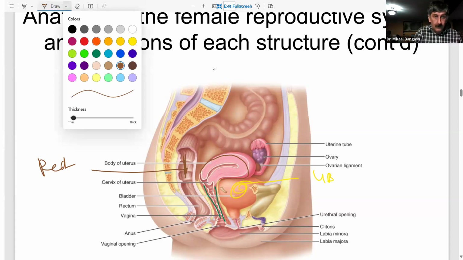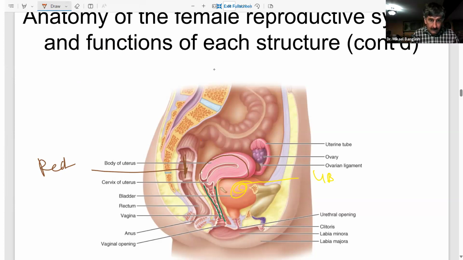Now, what we had was peritoneum running down anteriorly to the anterior side of the rectum.